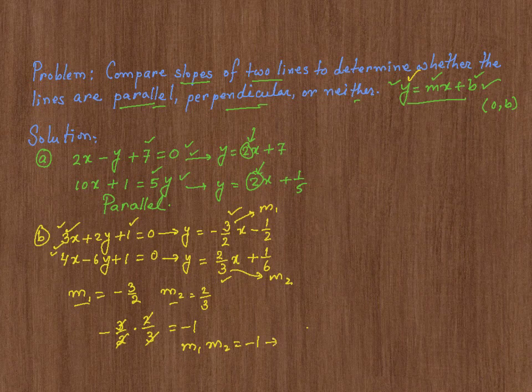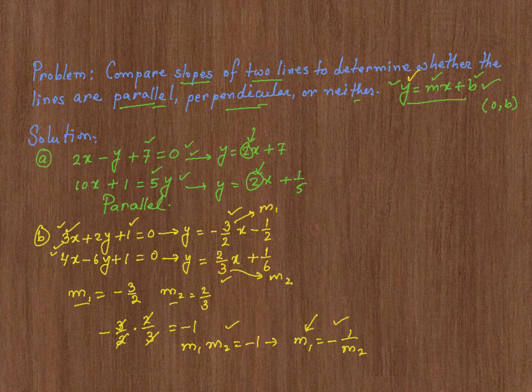By the way, this could be simplified to m1 is equal to negative 1 over m2, which some of you may be more familiar with, which is basically saying that slopes are negative reciprocals of each other. So this is that statement, and this is the equivalent statement. So these two particular lines are perpendicular to each other.